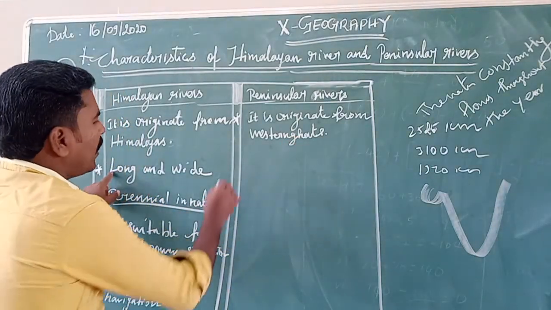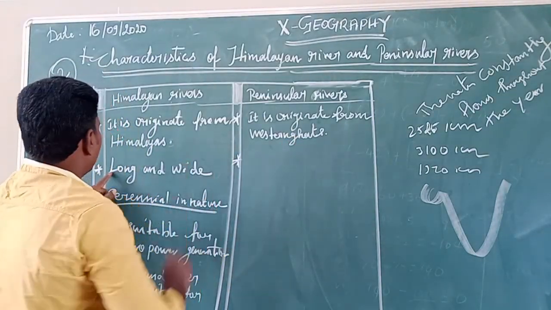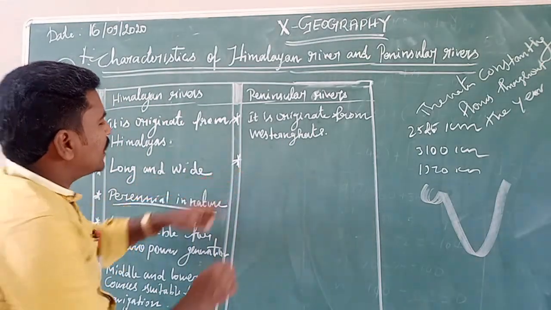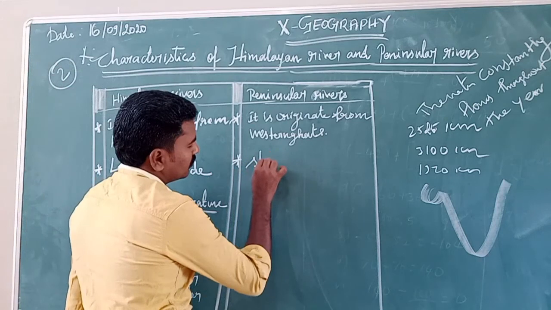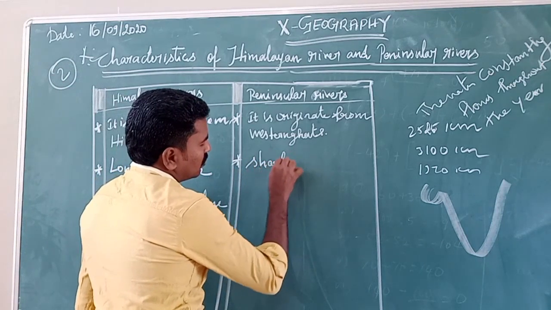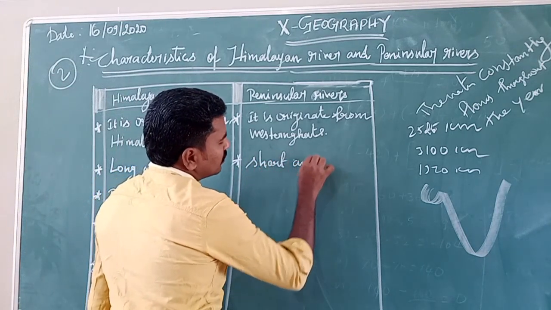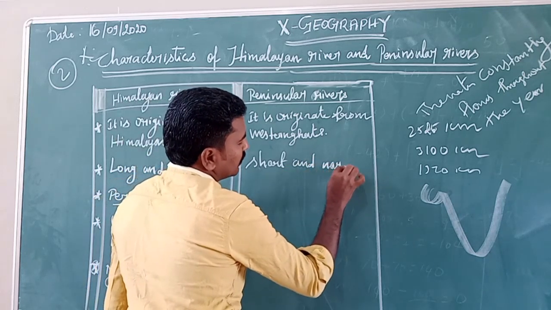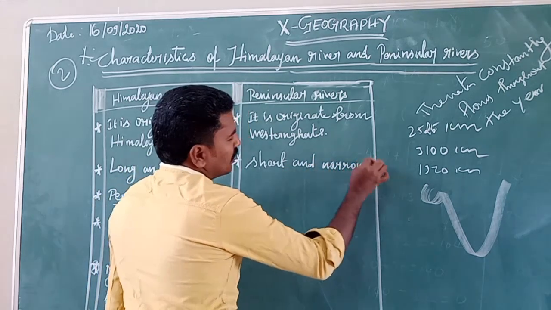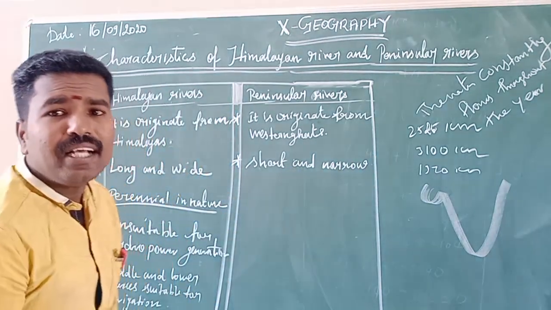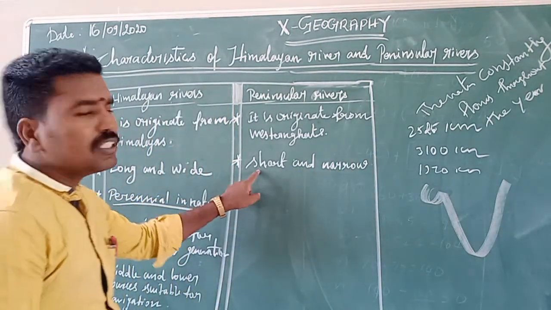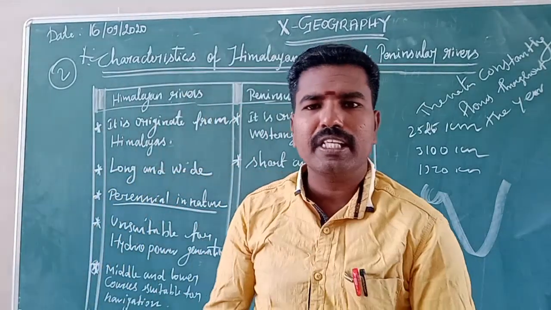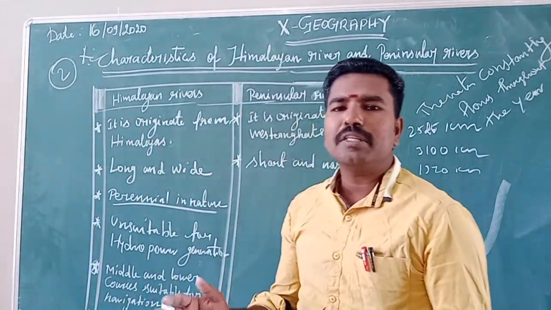And the second point: Himalayan rivers are long and wide; these are short and narrow. All South Indian rivers like Kaveri, Krishna, Godavari, Mahanadi are very short.